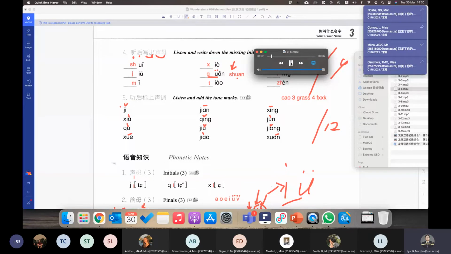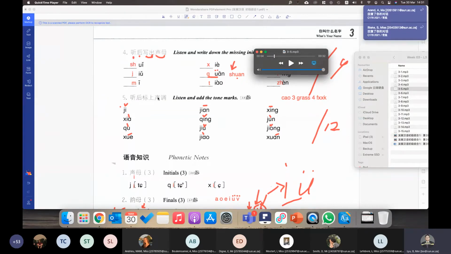5. 听后标上声调. Same thing: 听 to listen, 后 after, 标 mark, 上 on top, 声调 the tones, the value of the tones. 几, right, third tone 几. 间, 尖.